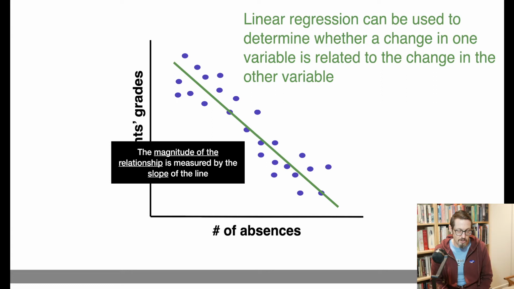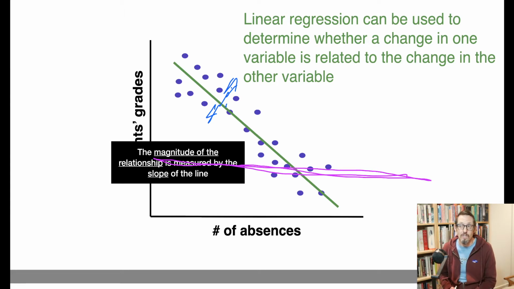And not just whether the fit is good, which is about the spread here, but also whether the relationship is interesting or not. If the data was different, maybe we would get a line where there was a relationship with absences, but the slope is so tiny that we hardly care.